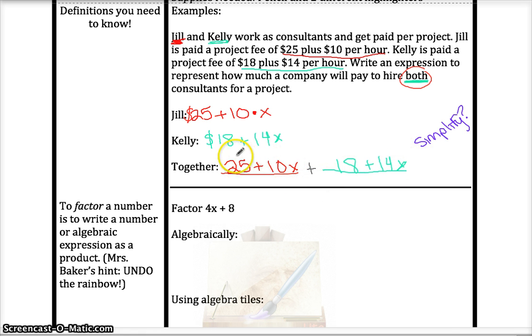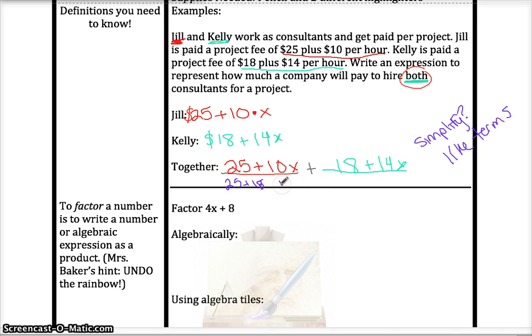Well, I can. So we look for like terms. Remember those words, like terms. And let's just look for some. We've got 25 and 18. So we can do 25 plus 18, and then plus 10x and 14x. Those are like terms.